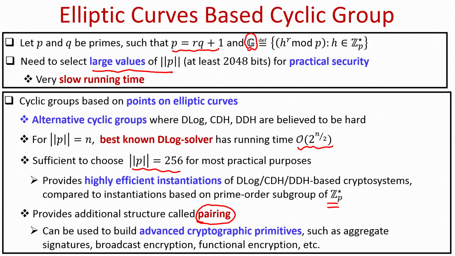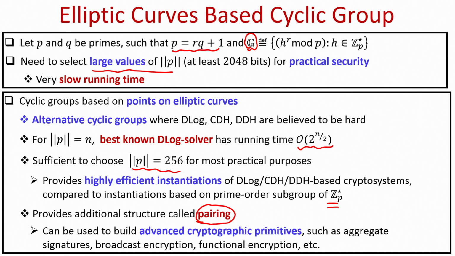So, in this lecture we will see cyclic groups based on the points on elliptic curves, and these are alternative cyclic groups where the D-log problem, the CDH problem and the DDH problem are indeed believed to be hard.